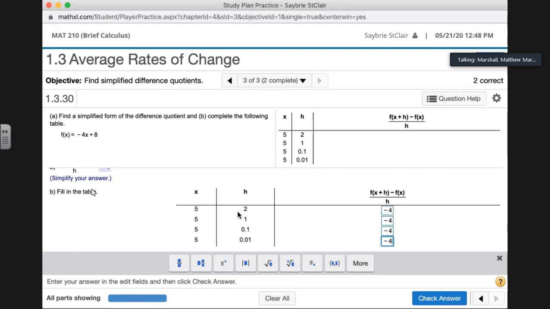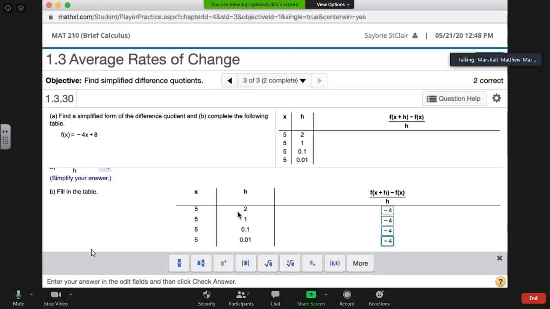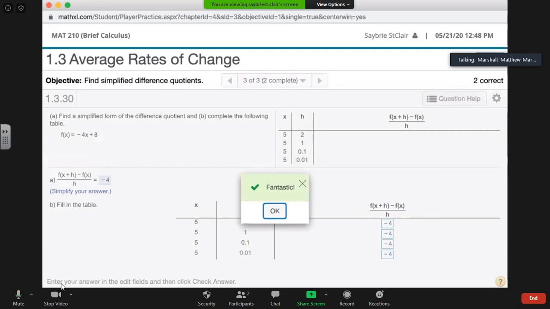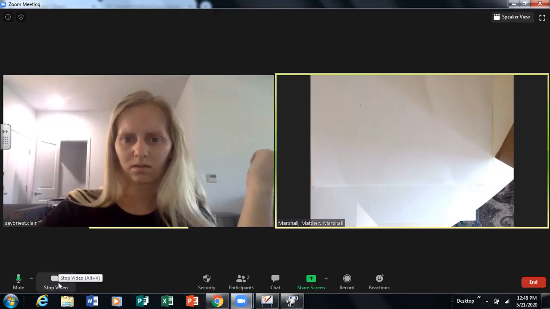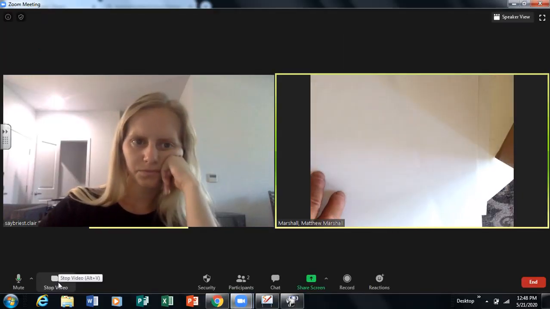No, because the formula that we were going to plug those x and h numbers into, all the x's and h's canceled away and just gave me -4. So there's nothing for me to plug into. There you go. That's right. That's kind of weird. That's different. But good that we got that on tape so we can see.